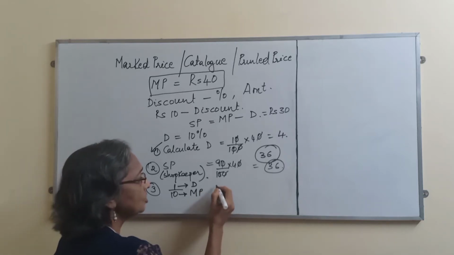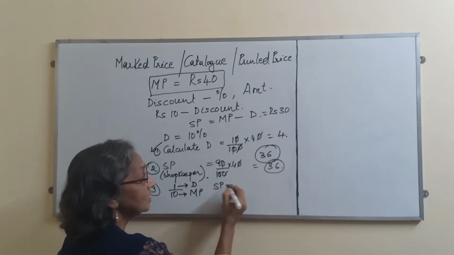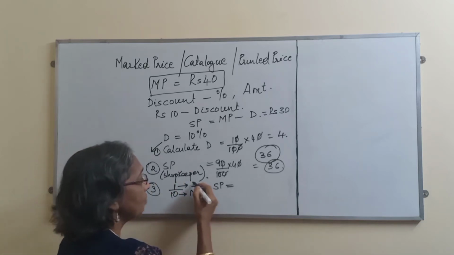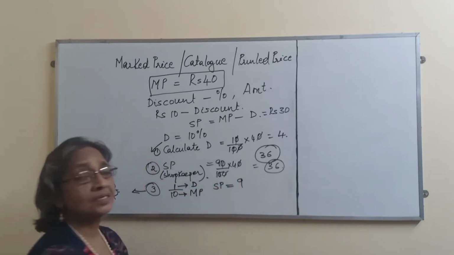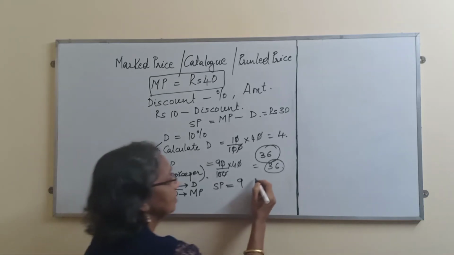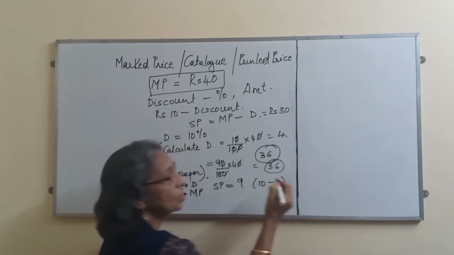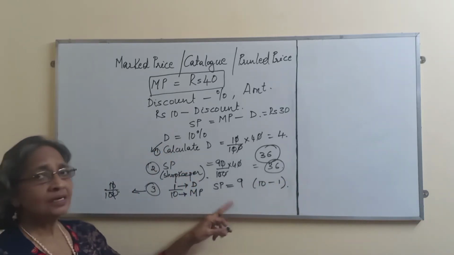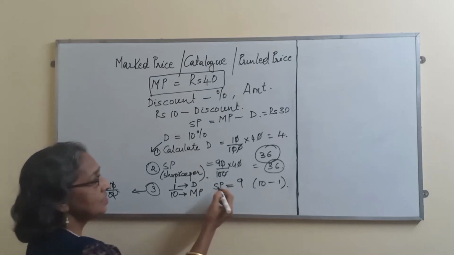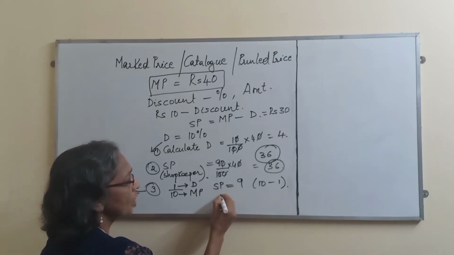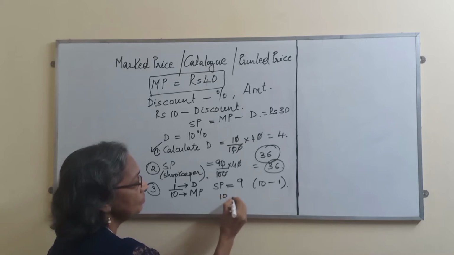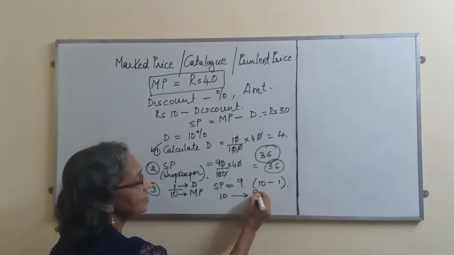Alright, so how much is my selling price here? The selling price of the shopkeeper would be marked price minus the discount. That is 10 minus 1. Alright, now we know that if the marked price is 10, the selling price is 9.